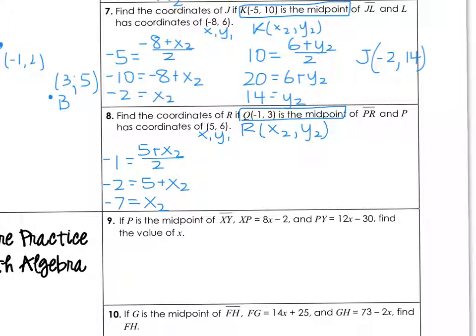And then trying to find the y coordinate. 6, oops. It's not 6, sorry. It's 3 equals 5 plus, I did it again. Sorry. 6 plus y2 divided by 2. Multiply both sides by 2.